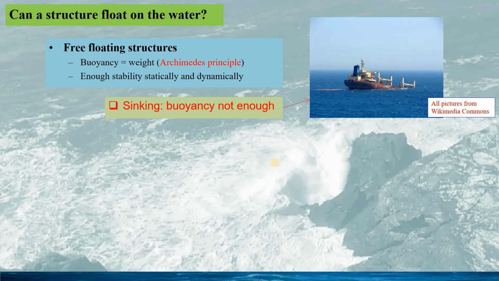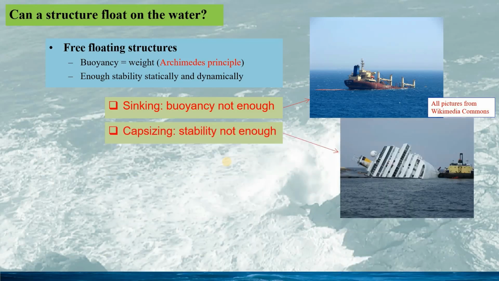Therefore, sinking happens when the buoyancy is not enough, like the damaged ships, when a lot of water enters the ship. Capsizing happens when the stability is not enough. And this stability problem is the focus of this talk.